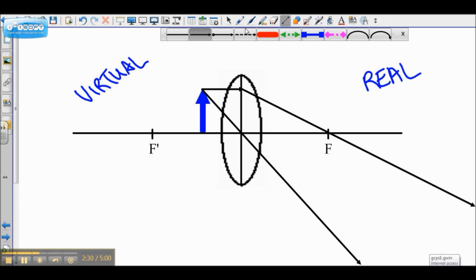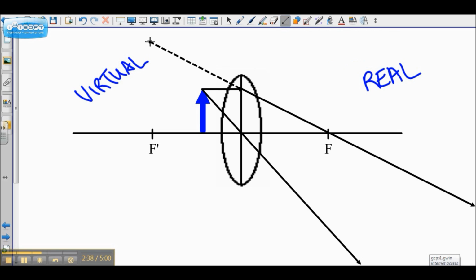To find our virtual image, we'll use dotted lines to represent the virtual, and we will extend only the refraction lines. So here's our first refraction line, and then this one is a straight line through, so it refracts up through the line as well. Notice we have a crossing point, we have convergence, and so our image is located there.